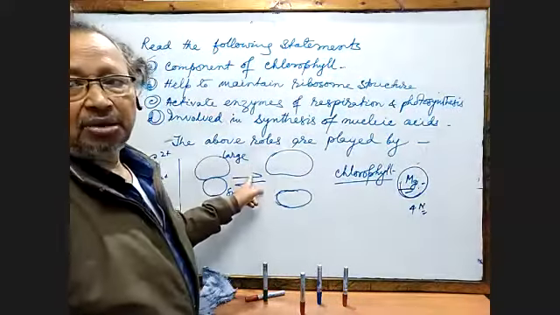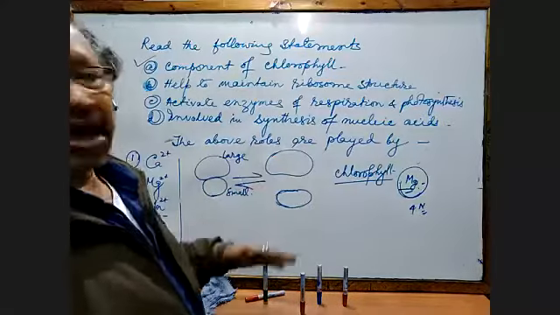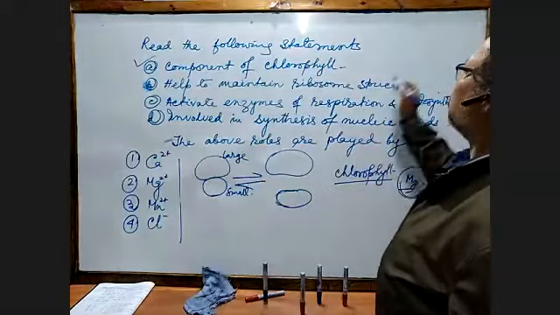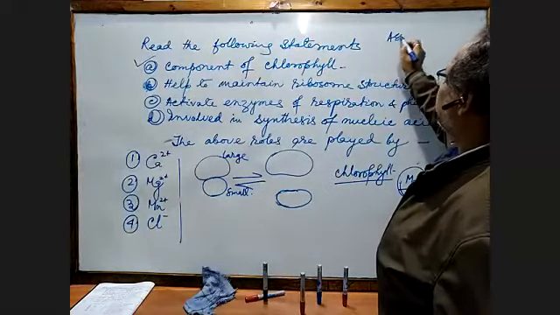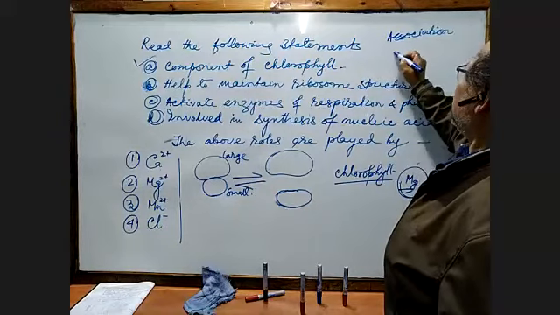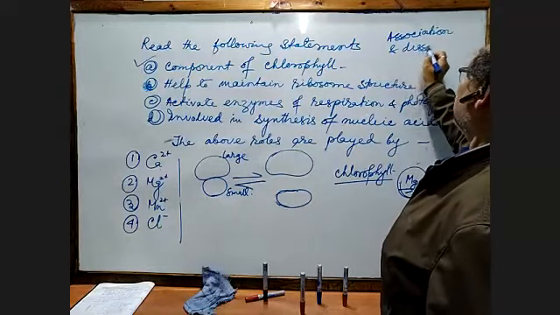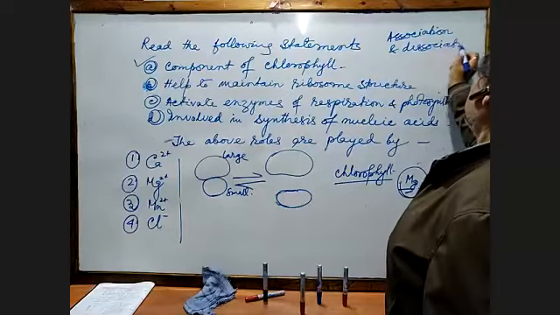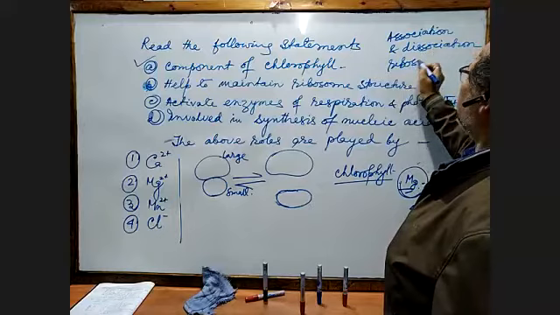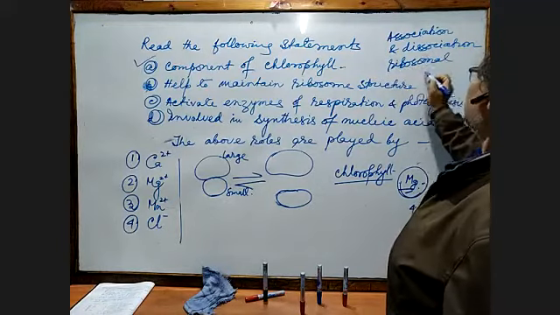Magnesium has a great role in the association and dissociation of the ribosomal subunits.